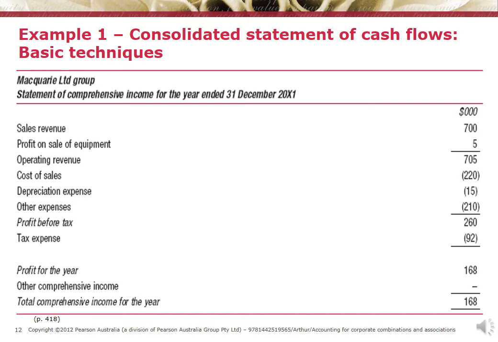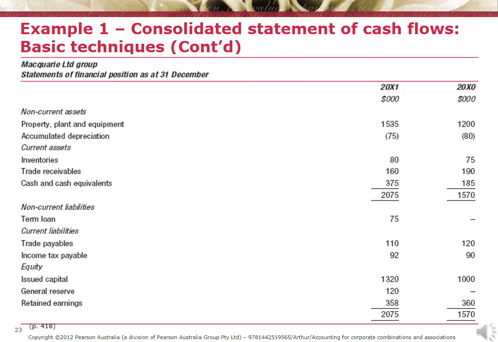Let's go to the next slide now and look at the statement of financial position. So here we have the statement of financial position of Macquarie Group, and we have property, plant and equipment, which in 2011 was 1.535 million, and in the previous year it was 1.2 million, so it's increased 335,000.